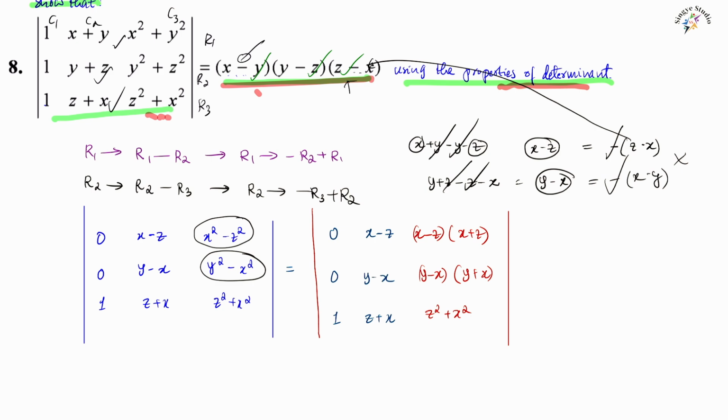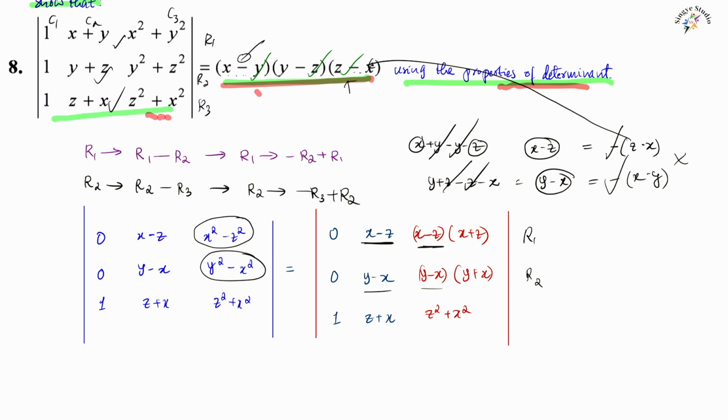Now this is where we have to use the properties of the determinant. If you observe very carefully in row 1 and row 2, you can see that they have this common x minus z and x minus z, okay? Here y minus x and y minus x.